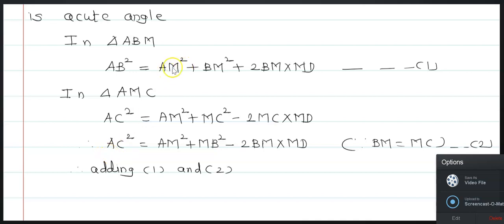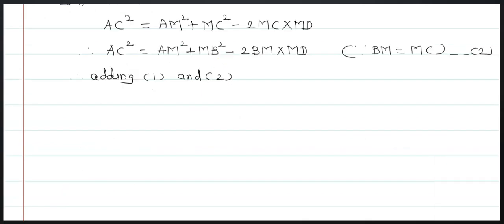Here is AM square, here is again AM square, that is 2 times AM square. MB square and BM square are one and the same, they add, and the other two terms, one plus and one minus, get cancelled. Therefore, we get AB square plus AC square is equal to 2 times AM square plus 2 times BM square.